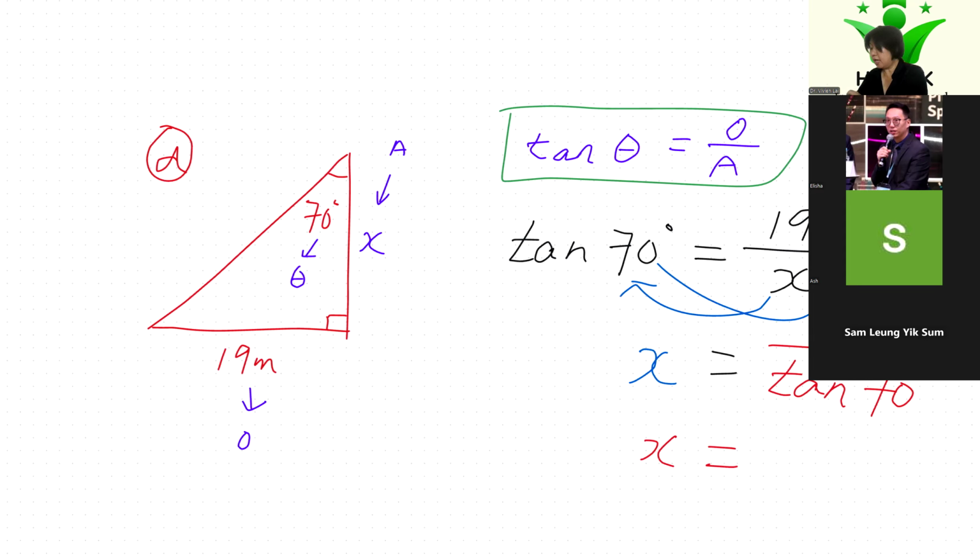Tangent 70, then close the bracket and hit equal. So you will have 6.91. We want 1 dp, so 6.9 meter.